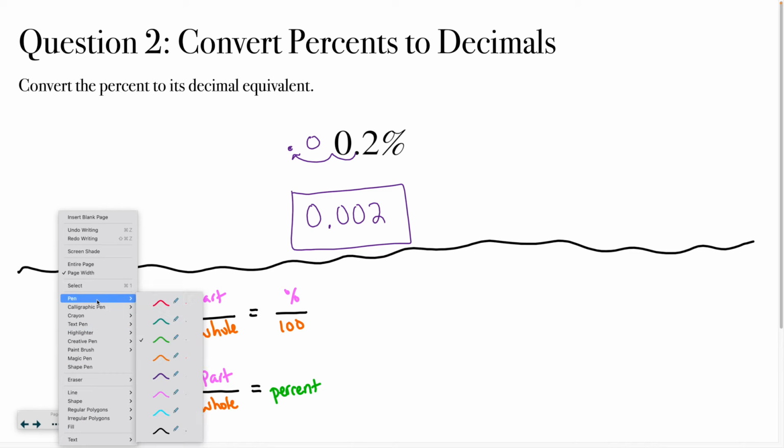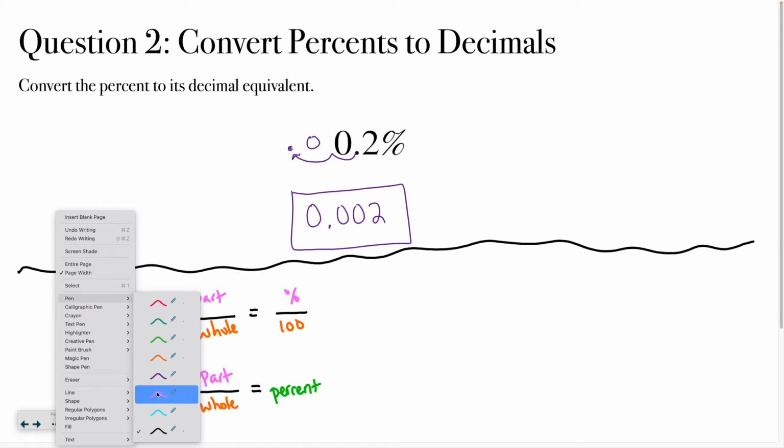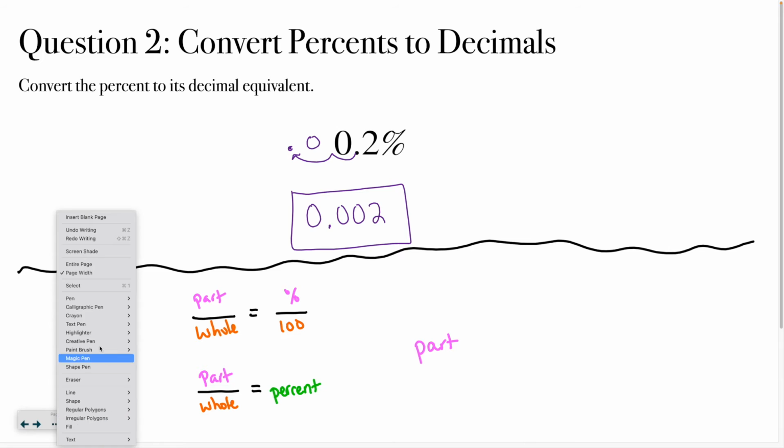Now if we think about this, we've been doing a lot of cross multiplying, right? So every time we've cross multiplied, we've taken the whole, or like the bottom number, and multiplied it to the other side, right? So for our percent equation, what it looks like is we say the part is all that's left, okay?